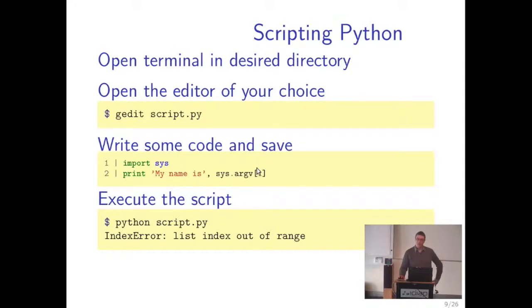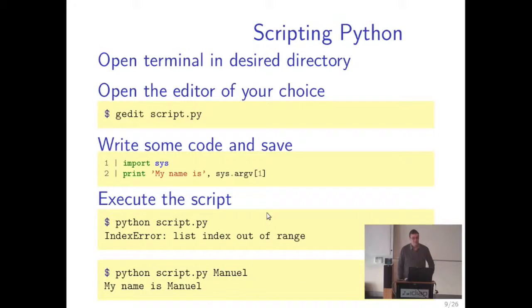And then you see, okay, right, I wanted to write the first command line argument, so I have to give it a command line argument. And when you run the script, calling python, the script name, and the command line arguments, you will see that it will print the right thing.